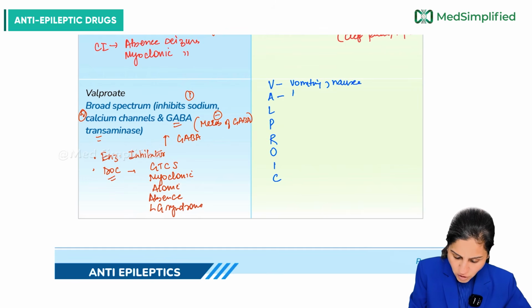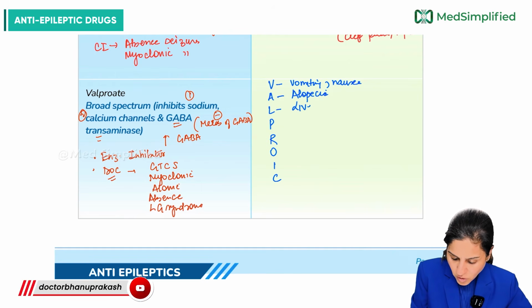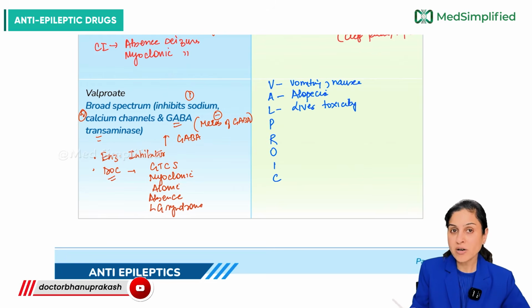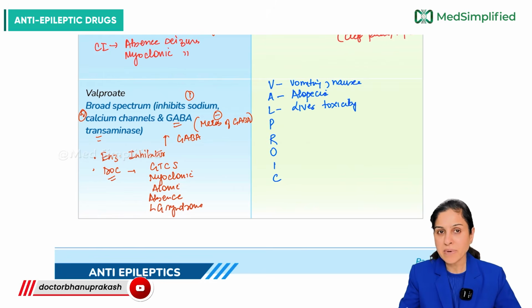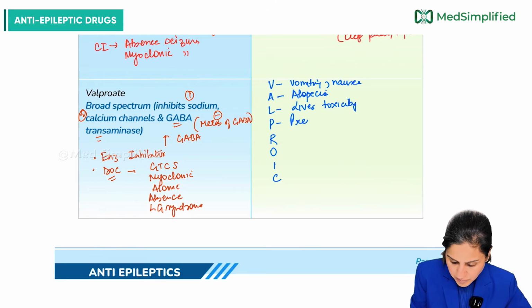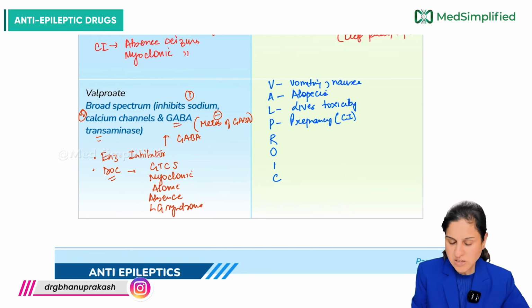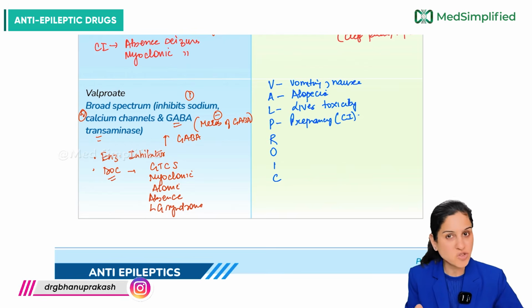A stands for alopecia. L stands for liver toxicity. It's a hepatotoxic drug. That's why it is not recommended for children less than 2 years of age. P stands for pregnancy. It is contraindicated because it is one of the most teratogenic drugs.